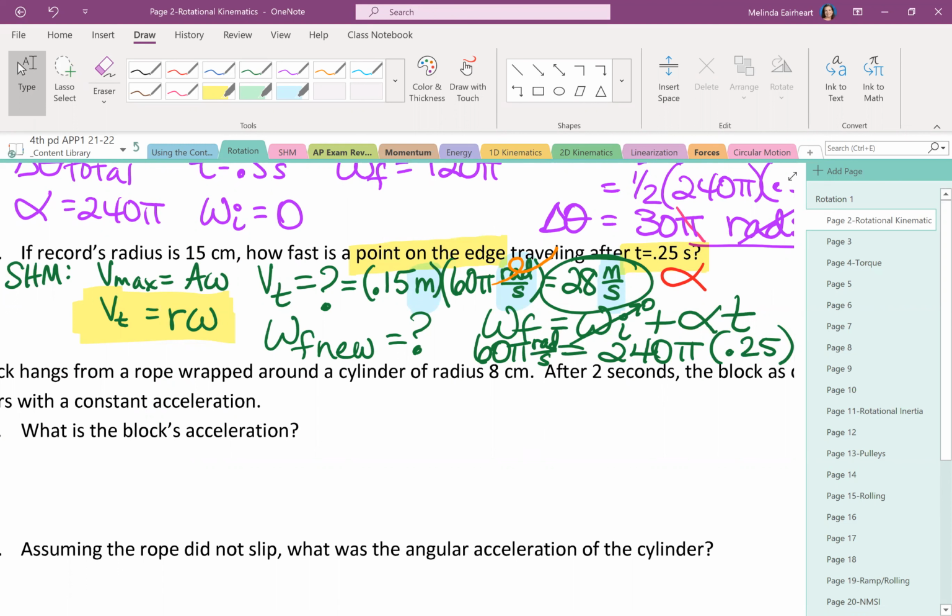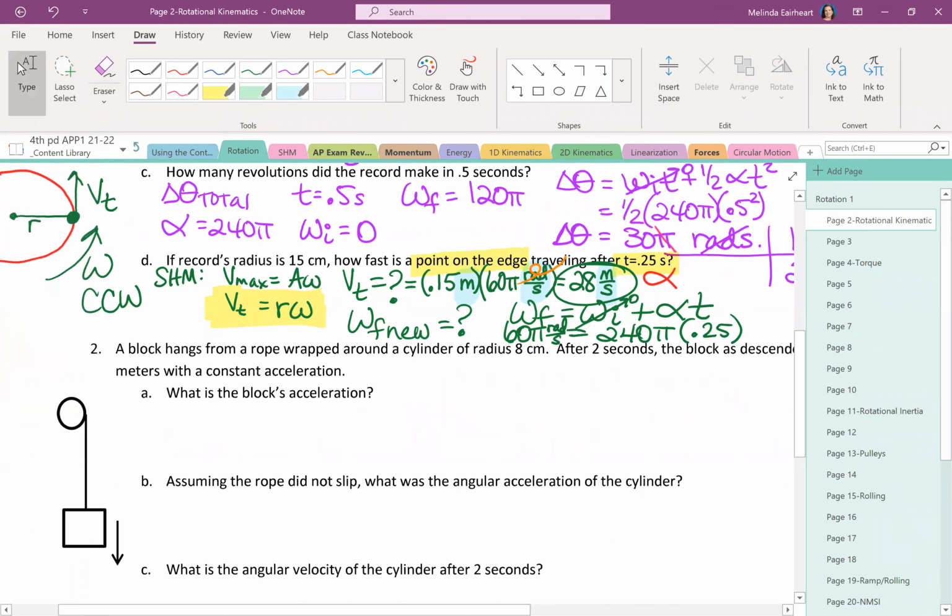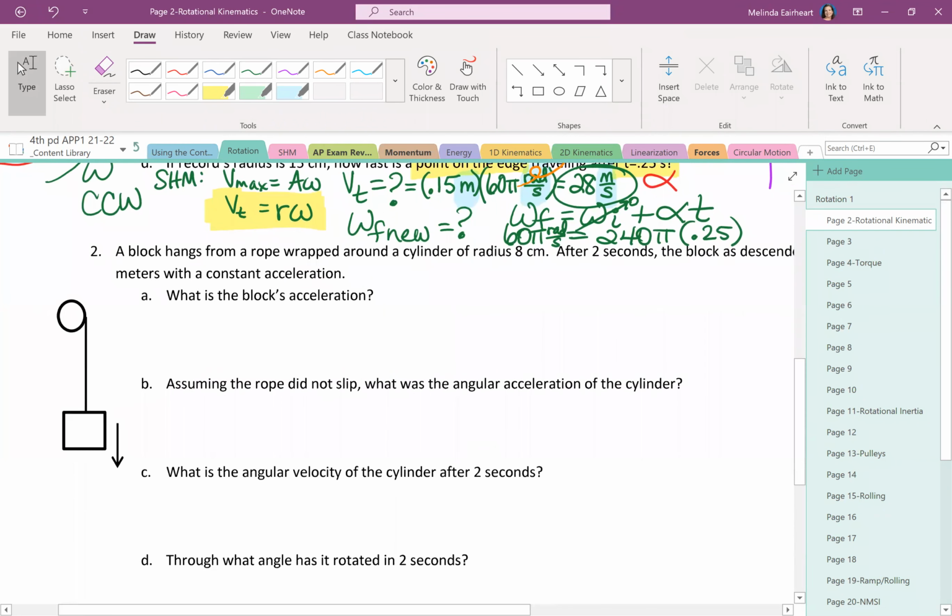Okay, well, question 2 gives us a picture. It says a block hangs from a rope that's wrapped around a cylinder of radius 8 centimeters. First of all, how do we feel about centimeters? Boo, we got to convert it. So it would be 0.08 meters.